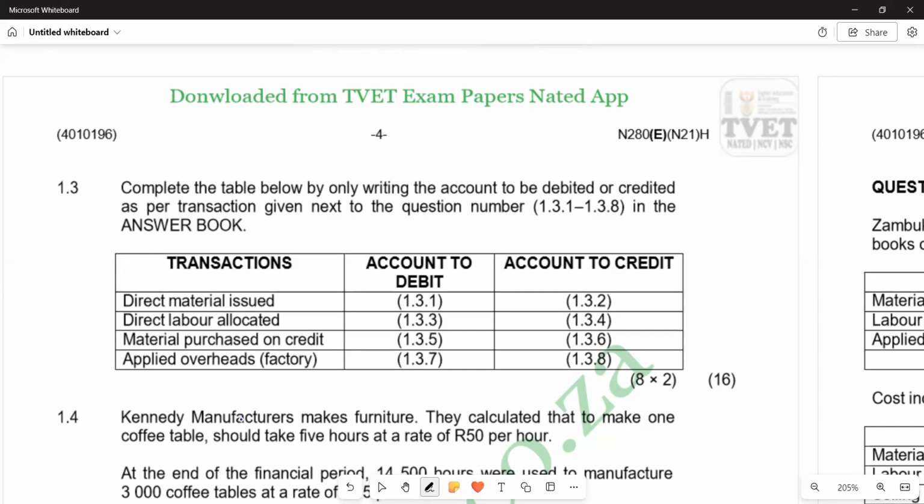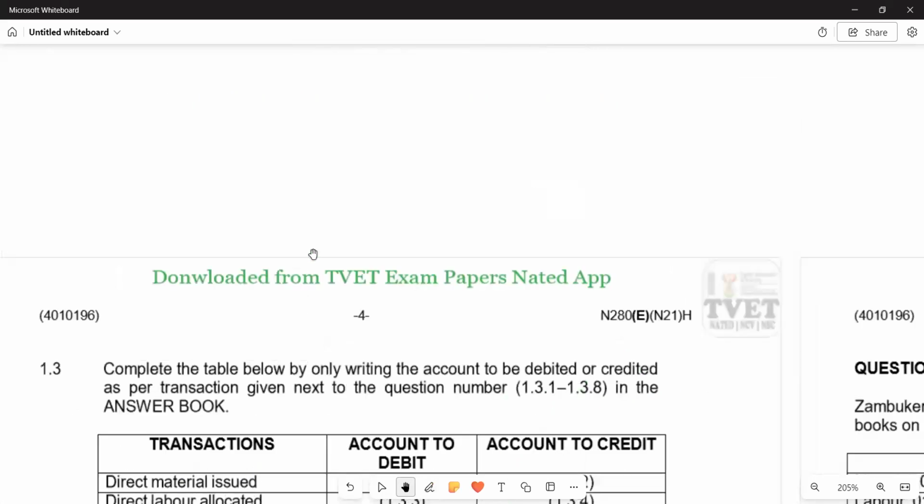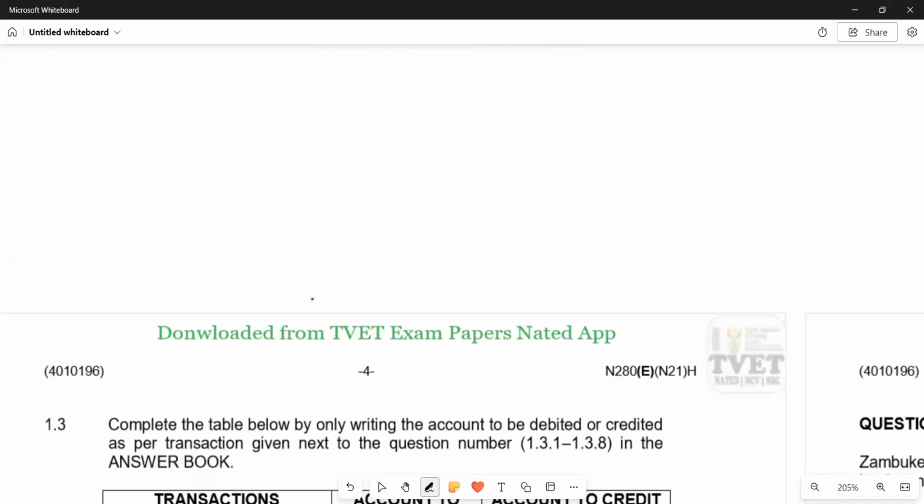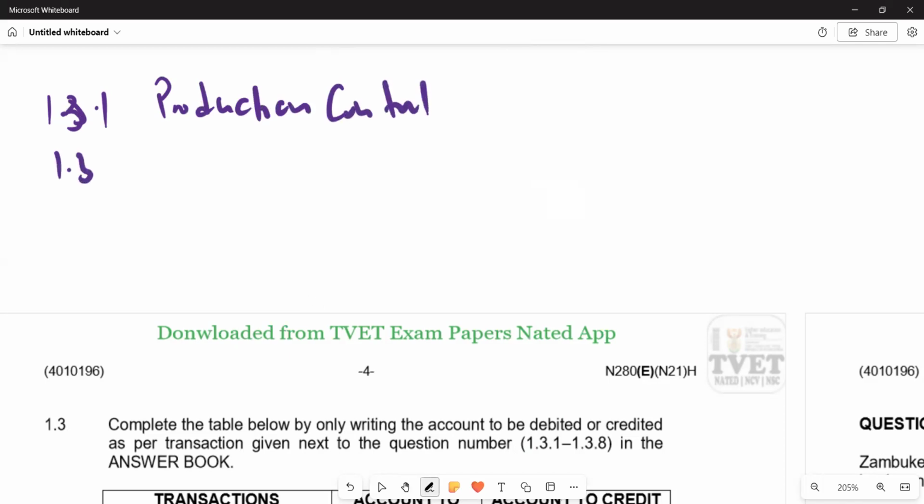When you have material issued, 1.3.1 is the one that is going to be debited, so we debit production control. Then 1.3.2, the account to be credited, is material control.